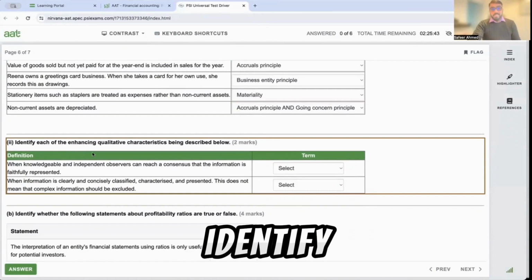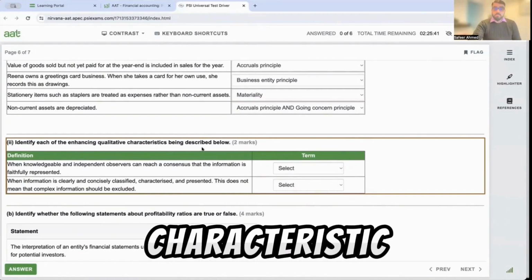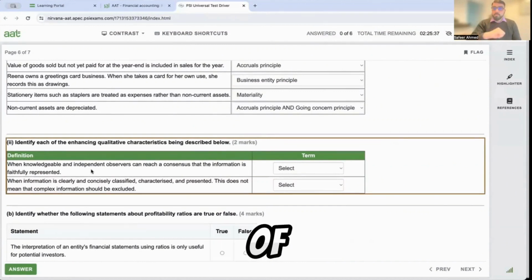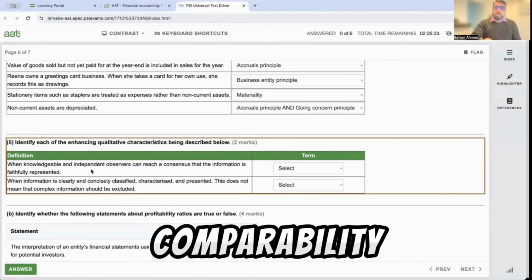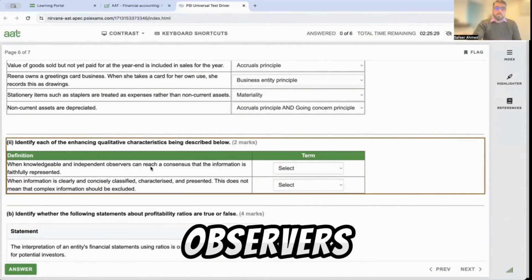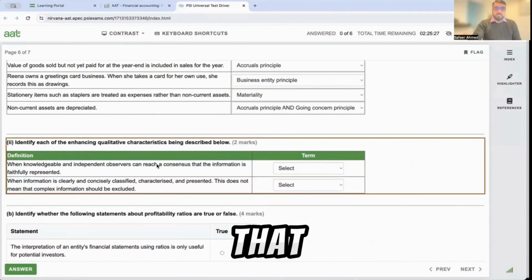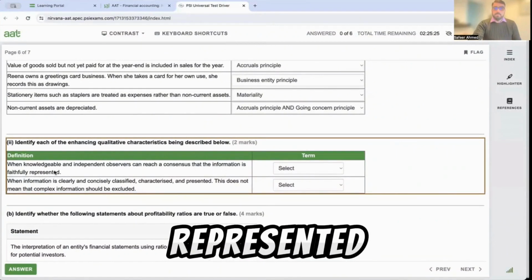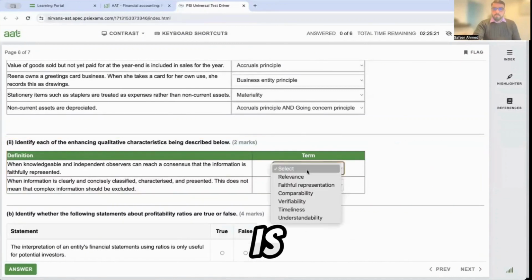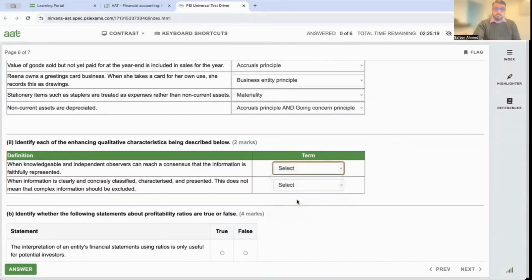Next part: identify each of the enhancing qualitative characteristics being described below. Remember, there are four of them: verifiability, understandability, comparability, and timeliness. When knowledgeable and independent observers can reach a consensus that the information is faithfully represented, which means that the information is verifiable, this is verifiability.